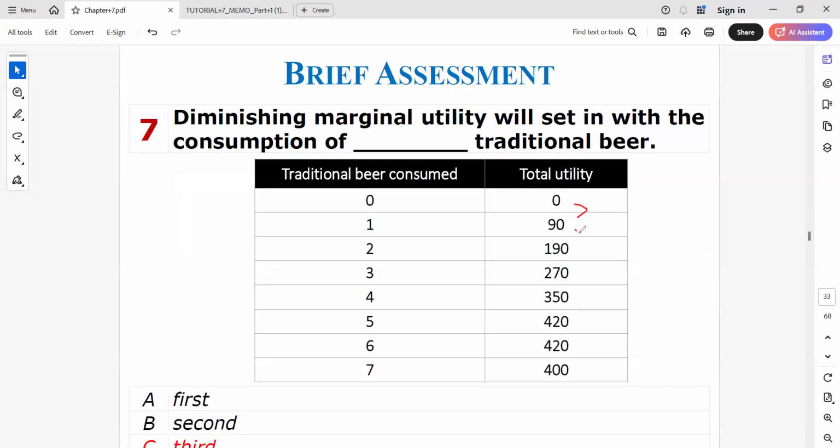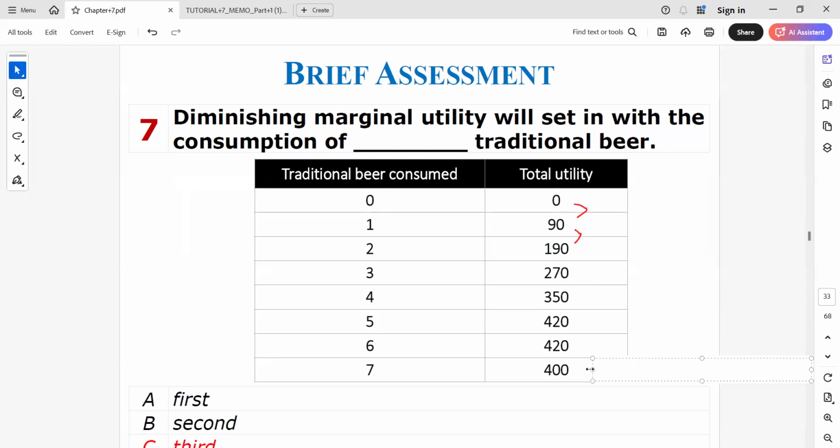You guys already know the drill, you already know how we work in here. Then we're going to start from the bottom. So let's calculate, guys. Let's use our calculators. So we're going to say 400 minus 420. I'm just going to write here, guys. 400 minus 420.